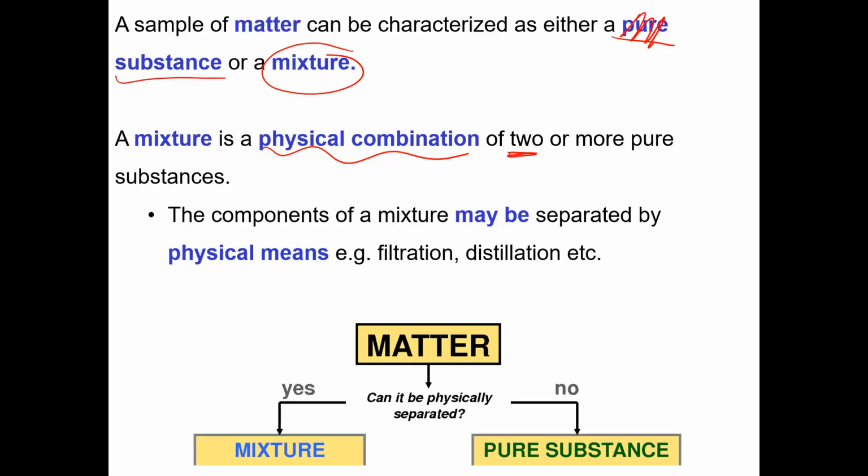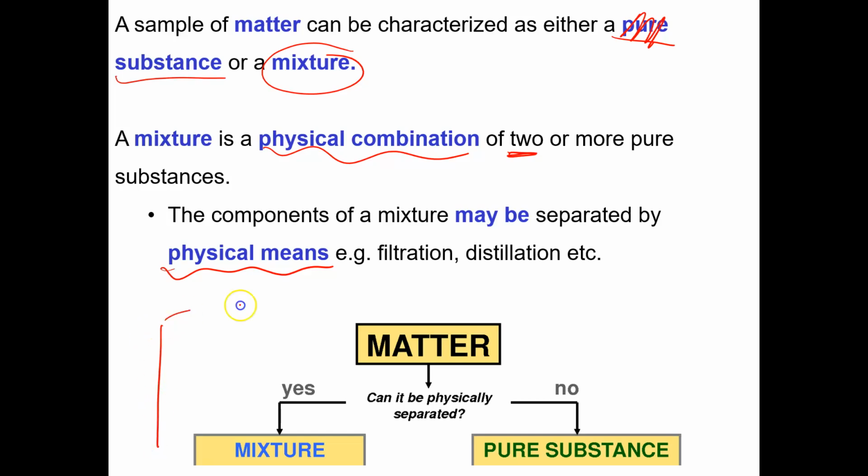And you can tell you've got a mixture because the different components can be separated by physical means. That is, the different components can be separated without the need to break connections between atoms.